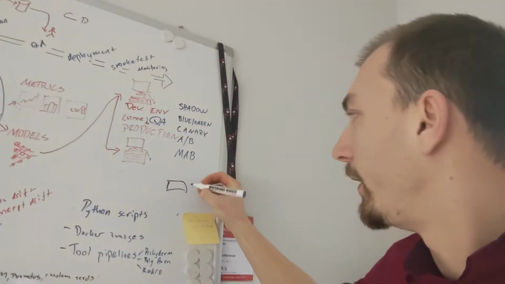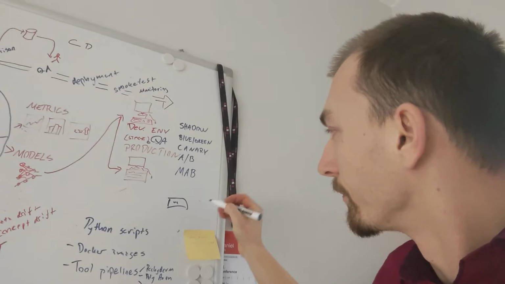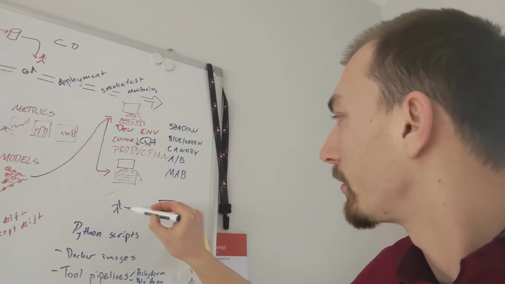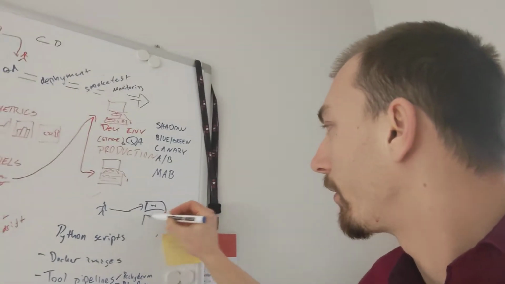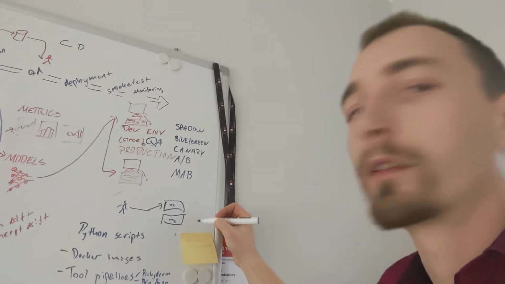So if you have your deployed environment here, which is actually running your model, and you have your customers interfacing with this deployment, then you set up a new deployment next to the first one, which contains your new model.